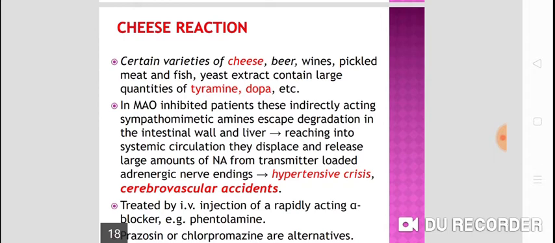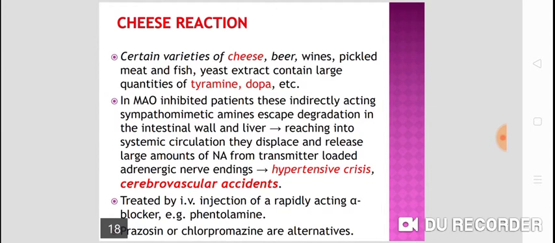these indirectly acting sympathomimetic amines. What is tyramine? It's an indirectly acting sympathomimetic amine. They will escape degradation in the intestinal wall and liver.